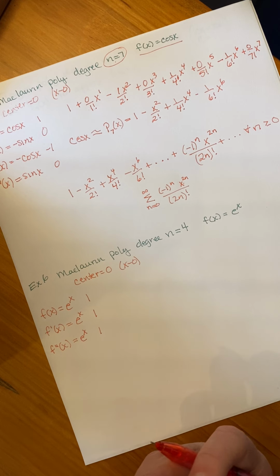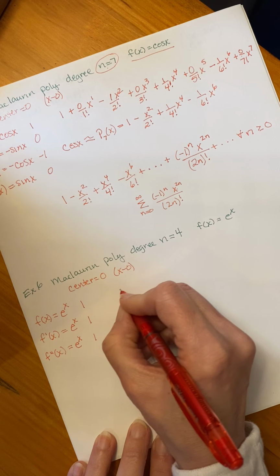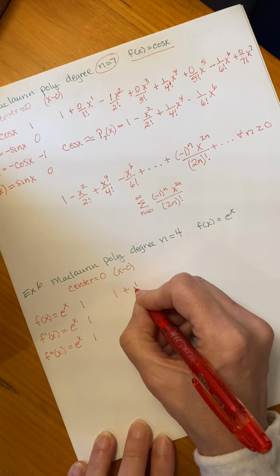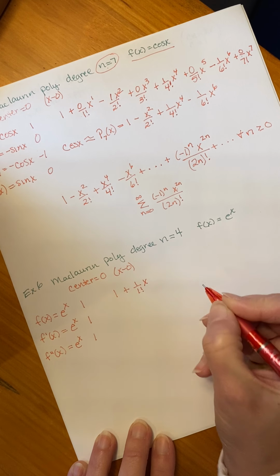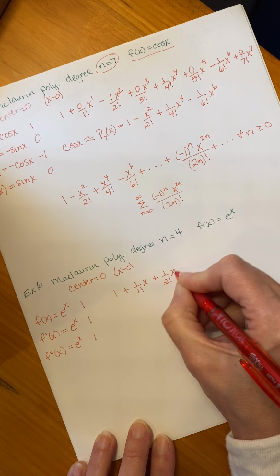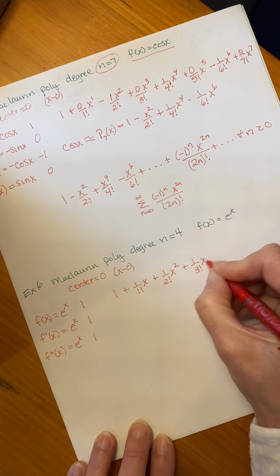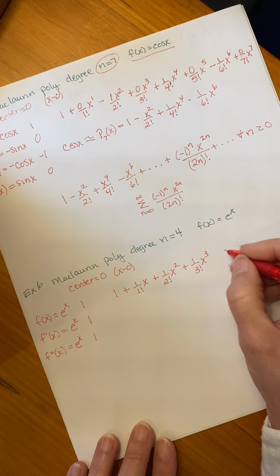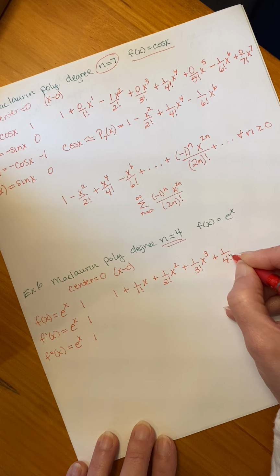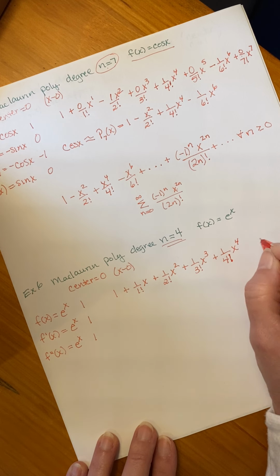We're going to have 1 plus 1 over 1 factorial x to the first plus 1 over 2 factorial x squared plus 1 over 3 factorial x cubed. What do we want? Fourth degree. Plus 1 over 4 factorial x to the fourth.